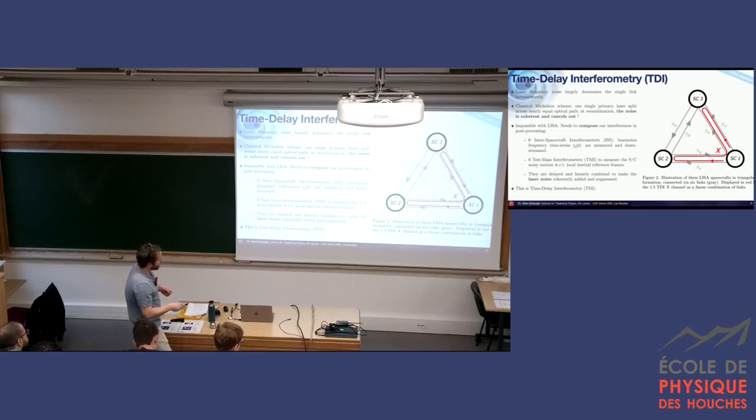We're going to sit in one of the spacecraft, and we're going to receive the laser frequency of the distant spacecraft and compare with the local, and see that everything that happened in between the spacecraft, like propagation effects, like the relative velocities that induce some Doppler effects, or the waves that pass in between, is going to modify the frequency you receive. Your end observable is going to be the observed frequency from the distant spacecraft minus the emitted frequency, over the emitted frequency. And this quantity is going to contain the wave you want to measure.